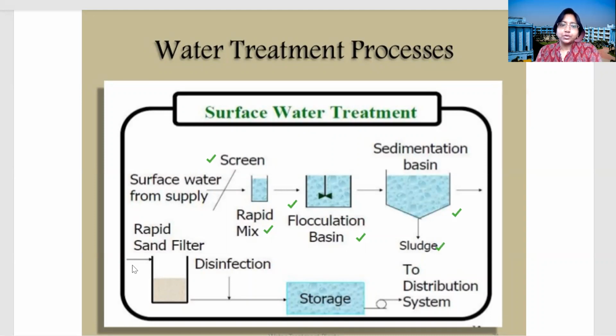After that, we use the rapid sand filter, then a very important part, the disinfection. Then we can store our pure water and distribute it. That is the total procedure of surface water treatment you can describe.